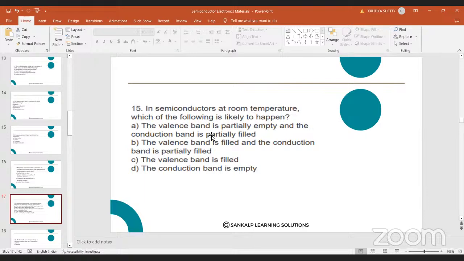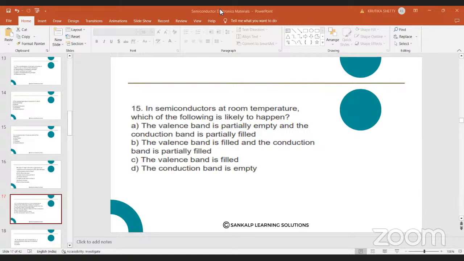Which option is right? Praveen is saying it is C and D. Pratibha is giving option C. Yes, Harshita is right.